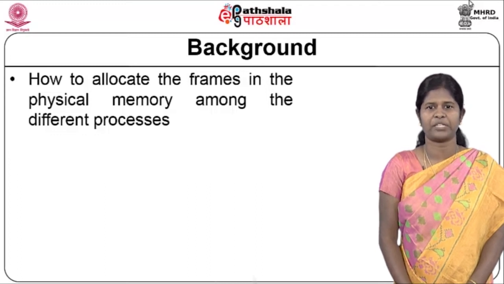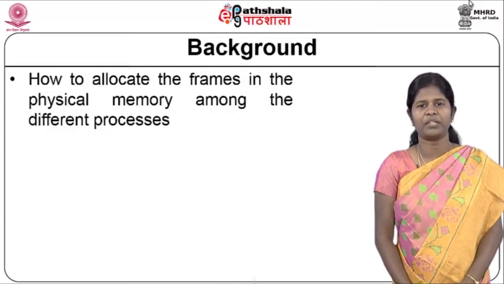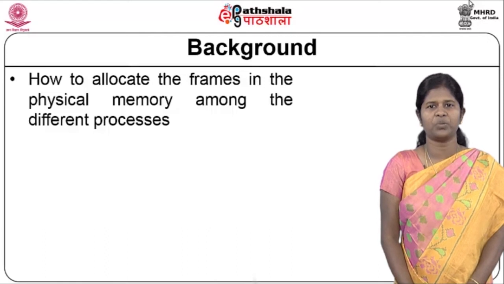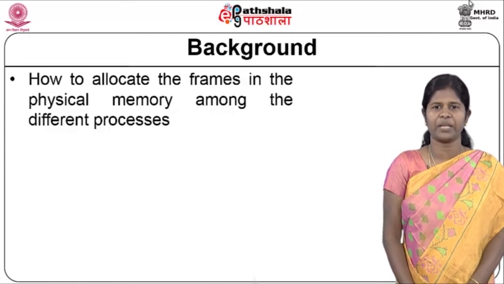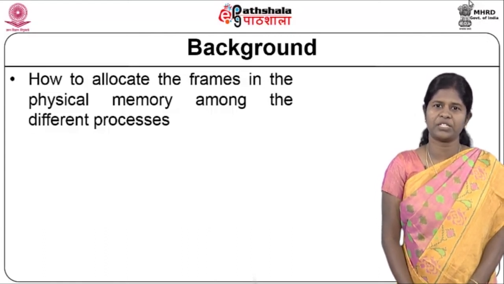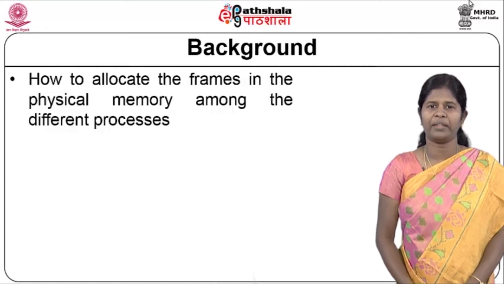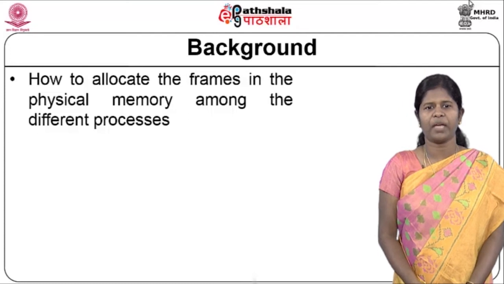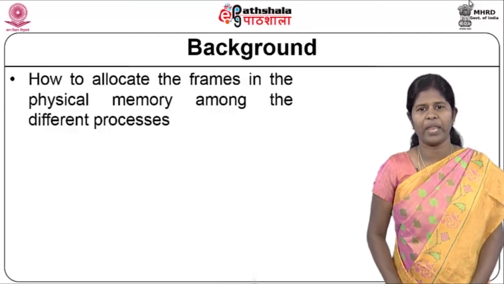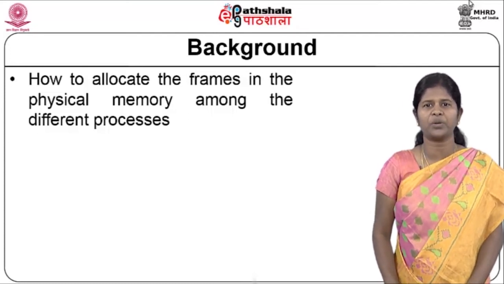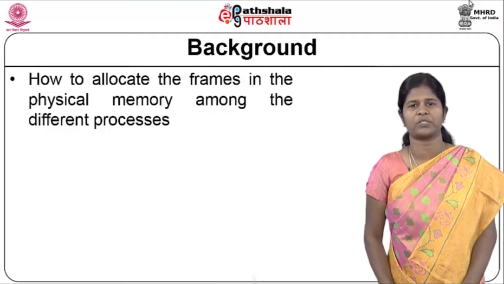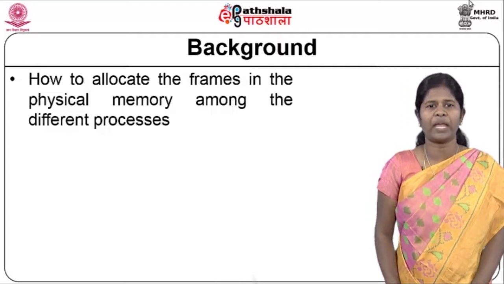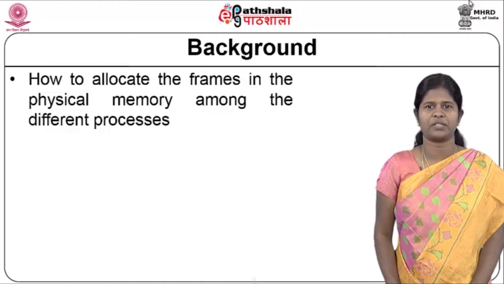The other, optimal thing that you can do is to have a set of free frames, bring the page into a free frame, and then select a victim page and move it outside. And what will be the case when the physical memory is to be used by many processes? How do you allocate the frames in the physical memory to the different processes?